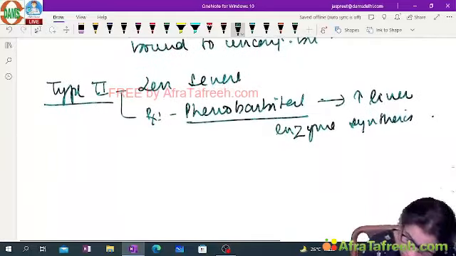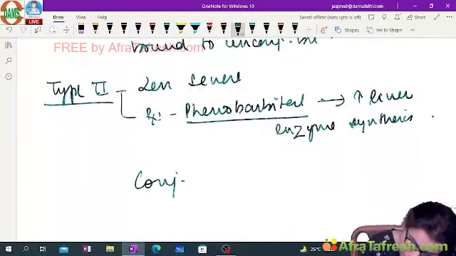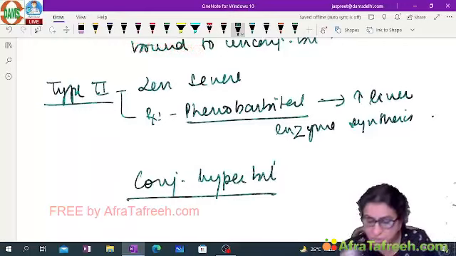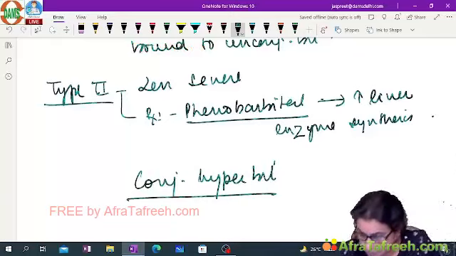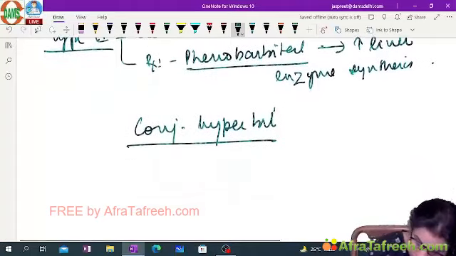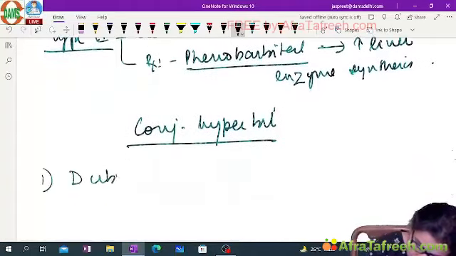Okay, now coming to conjugated hyperbilirubinemia. Two diseases cause conjugated hyperbilirubinemia: Dubin-Johnson and Rotor syndrome. So first is Dubin-Johnson.